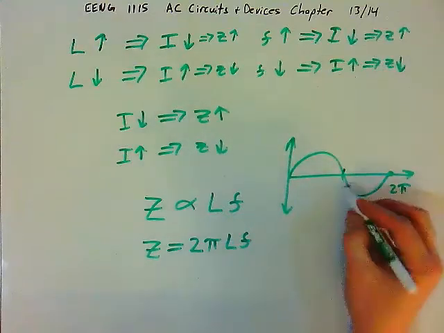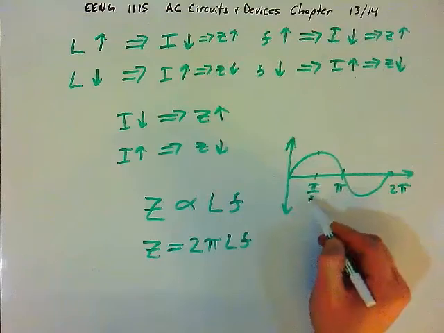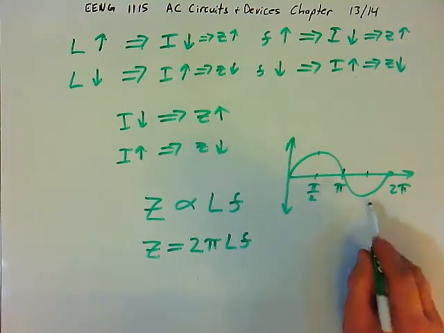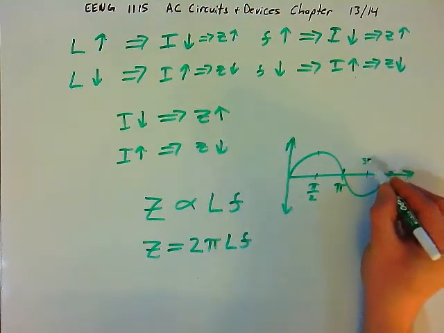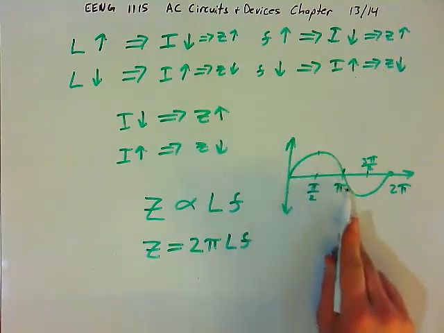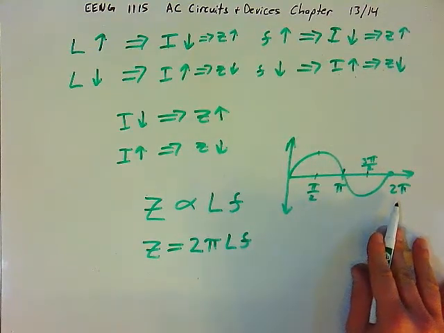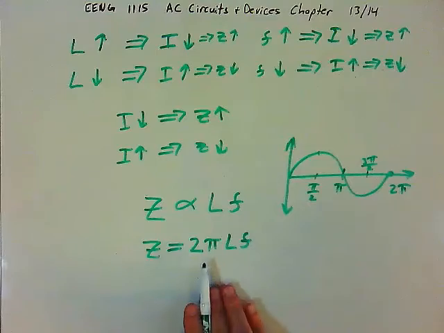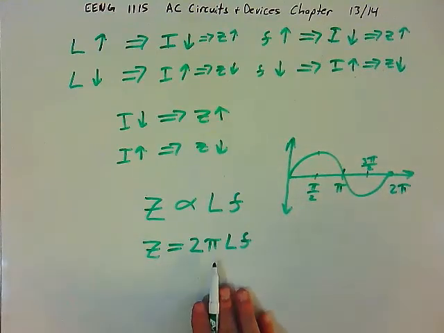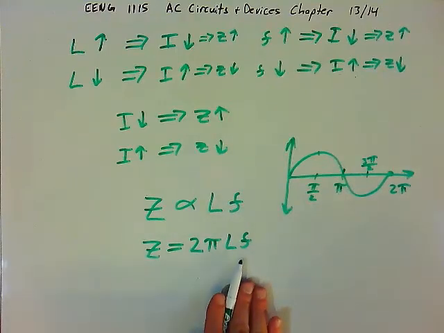Half of a sine wave, of course, is pi, and 90 degrees is equal to pi over 2, and 270 degrees is 3 pi over 2. Okay, so the 2 pi comes from the sine wave cycle, right? That's one complete oscillation of a sine wave measured out in radians. That's where this 2 pi comes from. We could derive this formula in more detail, but I think it's important that you just know the formula.